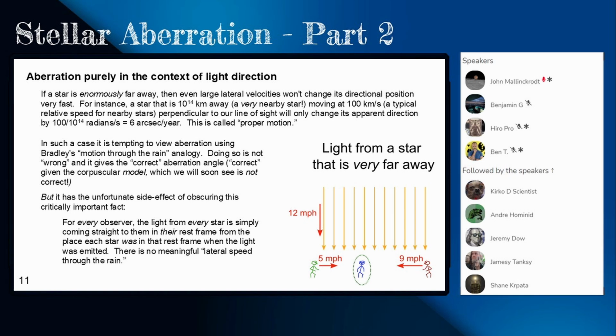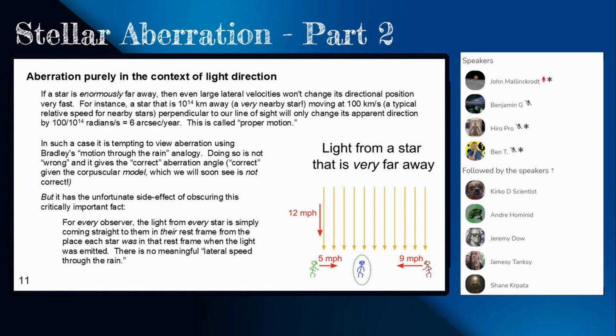It'll take 1,000 years for that to mount up to something where a constellation now begins to maybe look a little bit different than it did 1,000 years previously. Okay, so this rain thing is very appealing. That's what I'm trying to say. It's really tempting to view aberration using the motion through rain analogy.